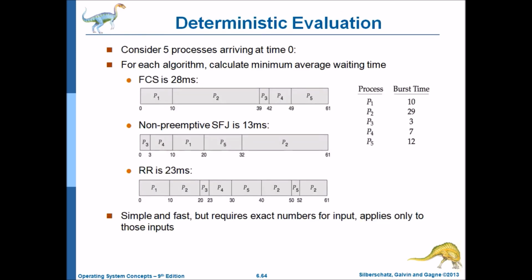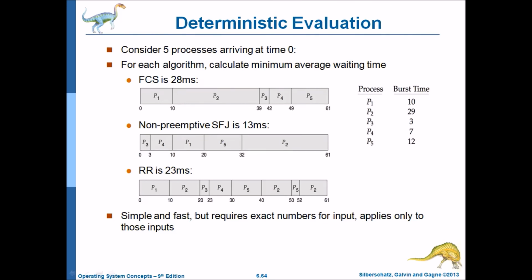Let's consider the first come first serve, shortest job first, and round robin with a quantum of 10 milliseconds scheduling algorithms for this set of processes. Which algorithm would give the minimum average waiting time?